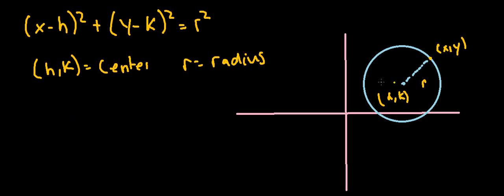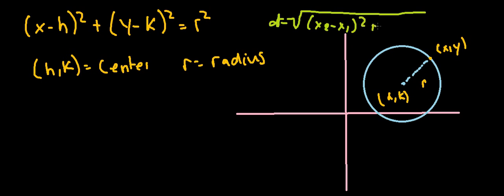So the distance formula again is, actually, let me write it up here. D is equal to the square root of (x2 minus x1) squared plus (y2 minus y1) squared.